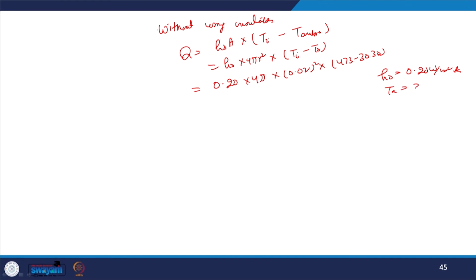Ta is equal to 30 plus 273, which is equal to 303 Kelvin. So Q is equal to 0.1709 watt.